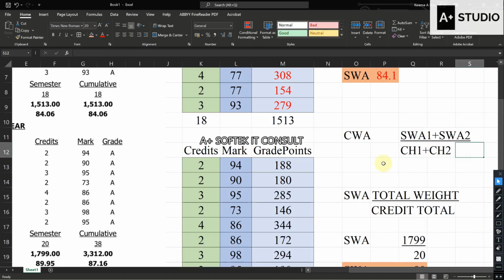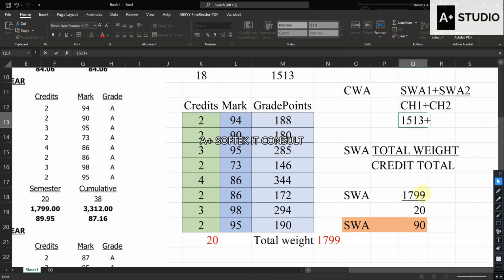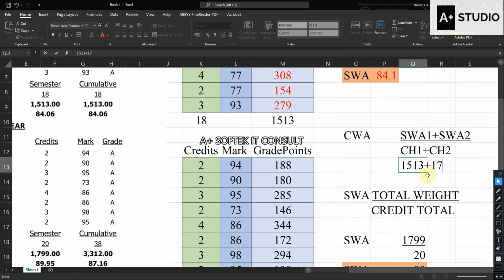So in doing this, yes, we can tell that we'll be having 1513 plus 1799, all divided by 18 plus 20.